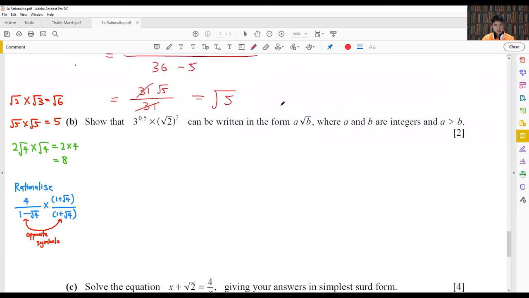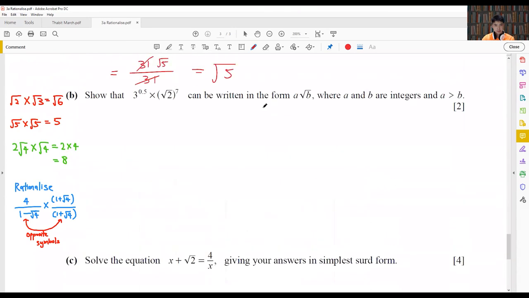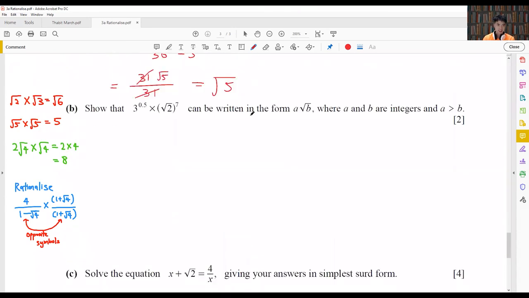And then these questions here are just basically some of your indices combination questions with surds in it. Show that 3 to the power of 0.5 times surd 2 to the power of 7 can be written in the form a surd b, where a and b are integers, and then the condition is a must be bigger than b. Okay?